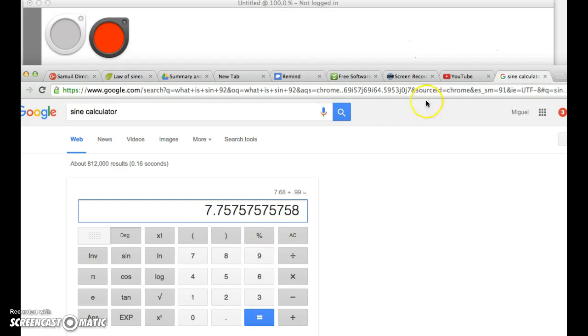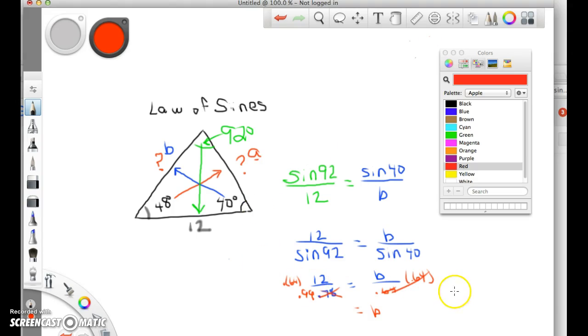So our answer is 7.75. So B equals about 7.75. And there we go. And that's B.